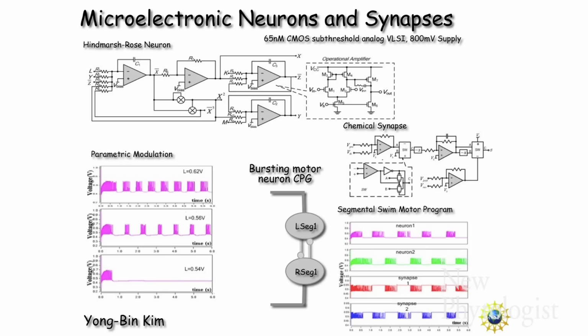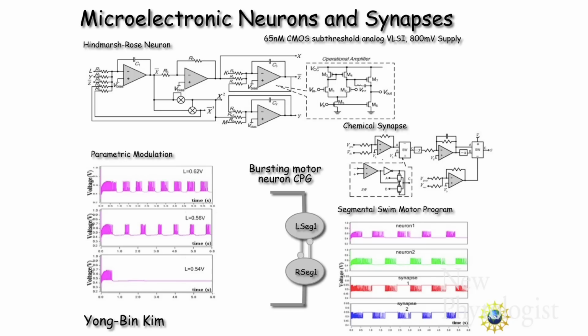Now, from my perspective, the really hard part was how do you get electronics that can operate on this scale? So I have a colleague, Young-Bin Kim, who does subthreshold analog VLSI, and we took the Hindmarsh-Rose model and got it to operate in subthreshold analog VLSI with an 800 millivolt power supply.